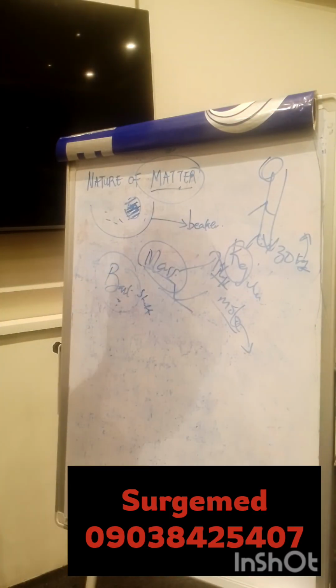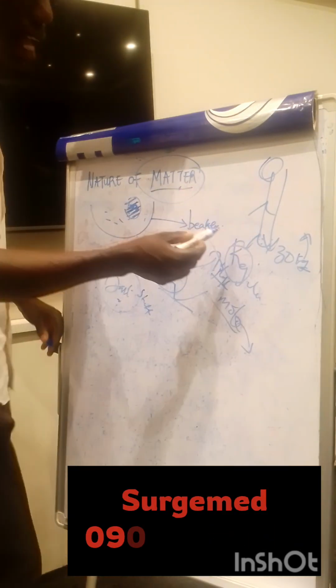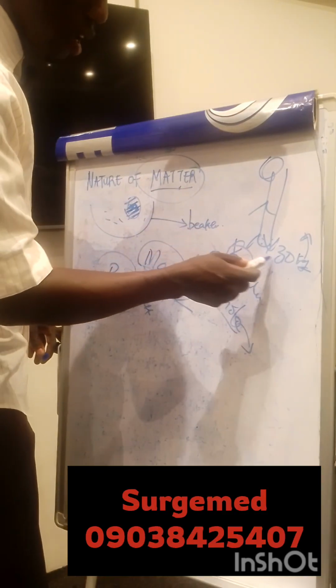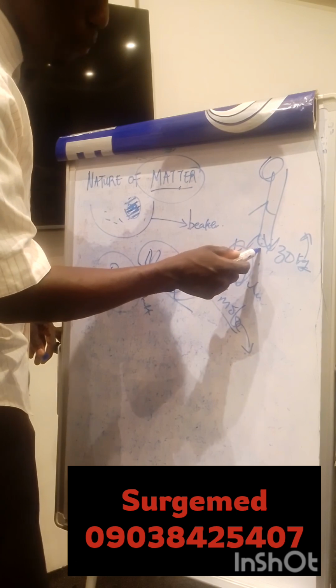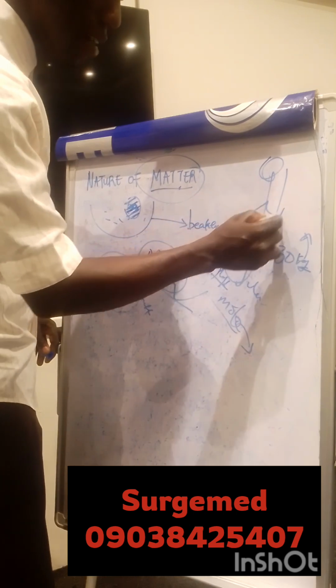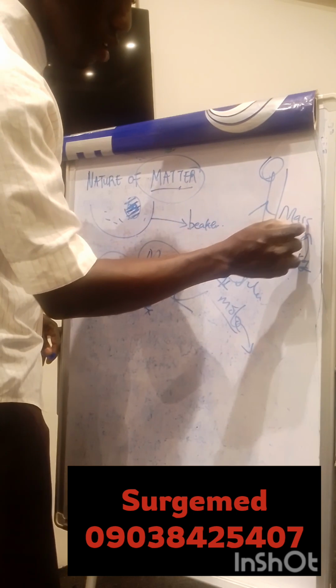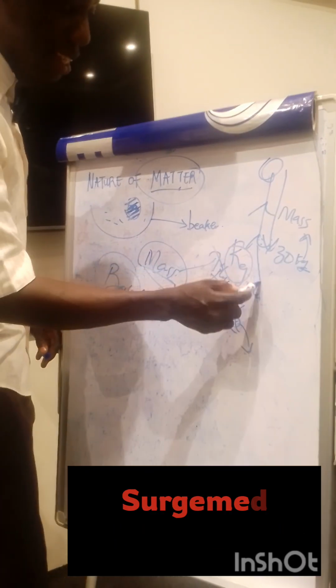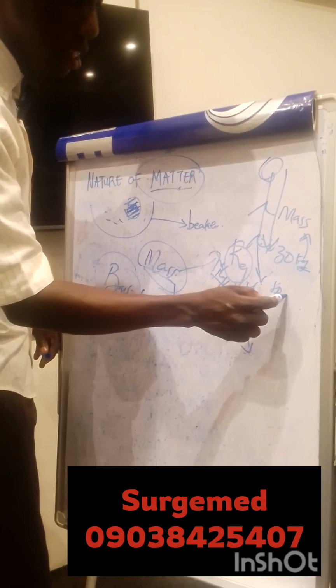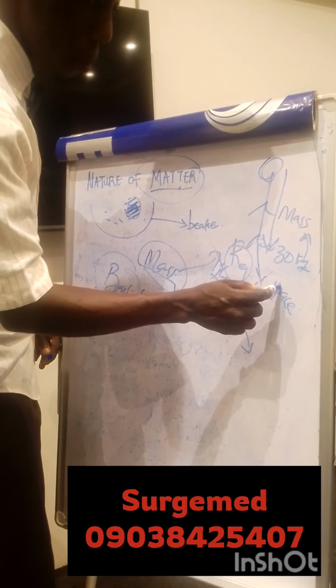So this person here has a mass, and where he's standing is the space this person is occupying.